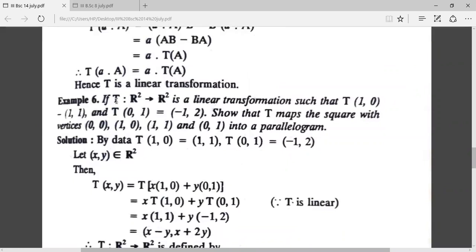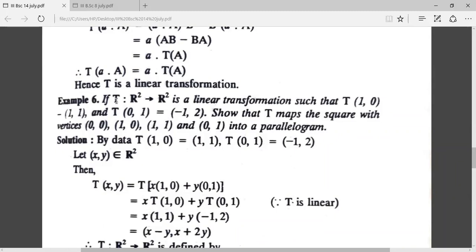This problem was asked in the examination. If T from R2 to R2 andre V2 of R is a linear transformation, linear map kuda agbodu yakandre domain matte codomain eradu same ide, such that T of (1, 0) is (1, 1).